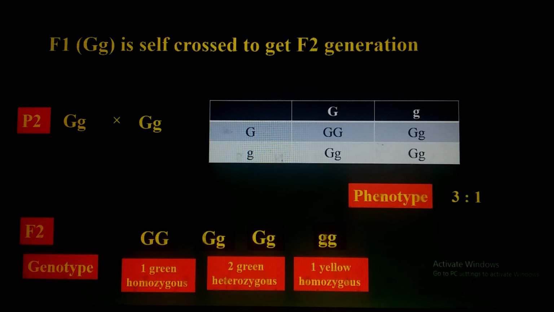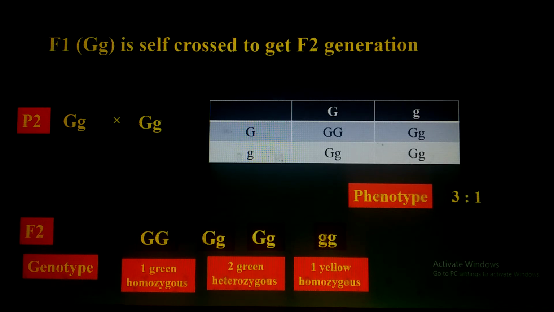This is the self-cross of the F1 generation, and this is considered the second parental generation. The first one was the first parental generation that produced the F1 generation, and now this is the second parental generation. How is it possible? By crossing the F1 with F1, meaning the F1 is self-crossed.